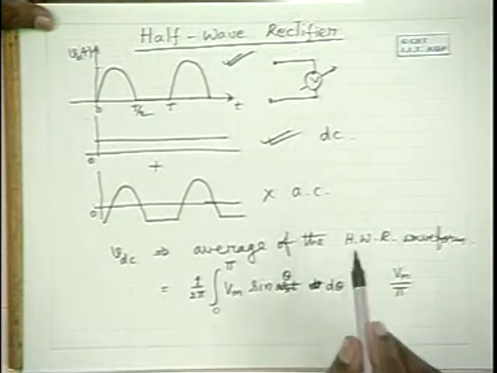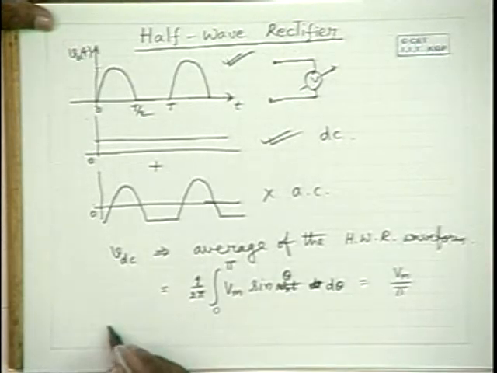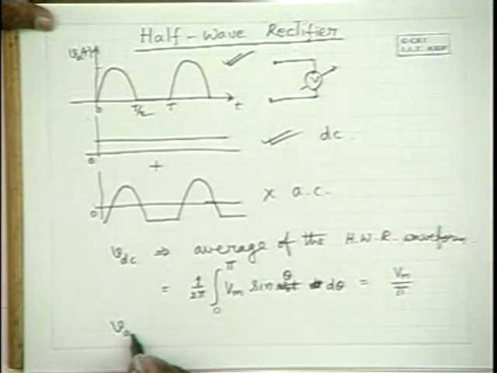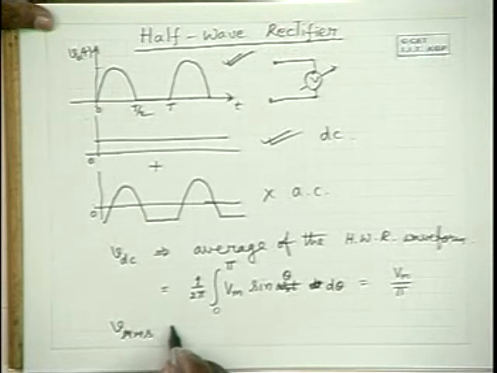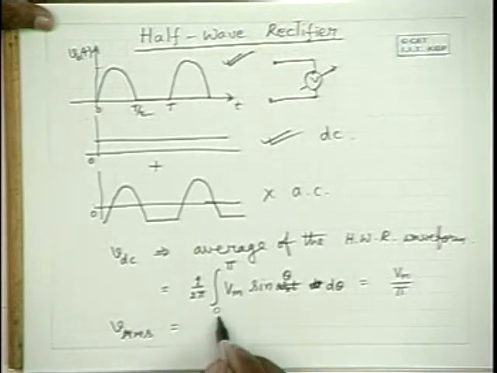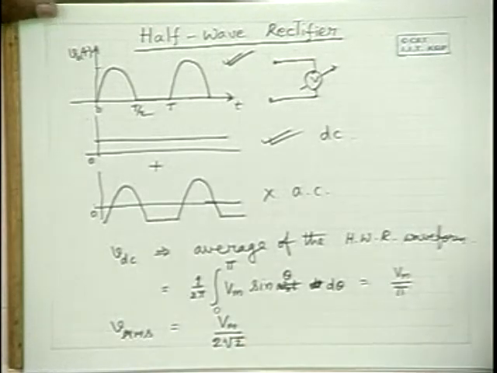If you determine that, you will find that the RMS value is equal to Vm by 2, and this is the root mean square value of this signal.